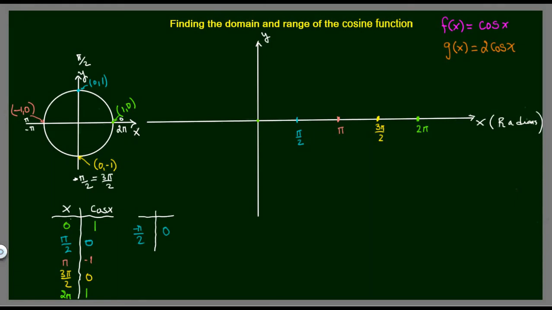And of course, minus pi will be equal to minus 1. All right, we have all our values. So now we can just draw out the function. We put this value right here, minus pi over 2, and then minus pi.